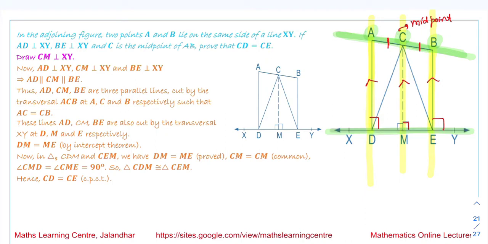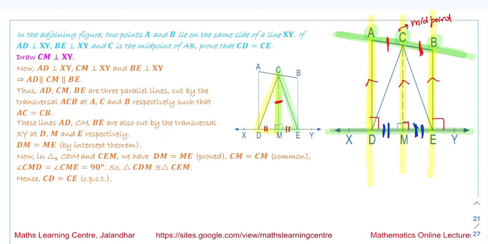Now it is given to us that this AC and CB are equal. If these two are equal, then these values DM and ME are also equal to each other. This is by the intercept theorem. Now if we look at the triangle, one triangle we are talking about is CDM, and second triangle is CEM. In these two triangles, DM and ME are equal.